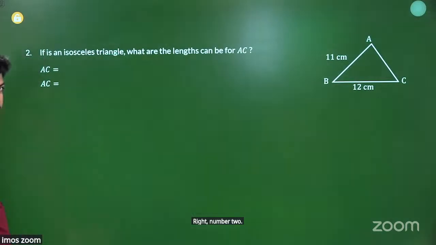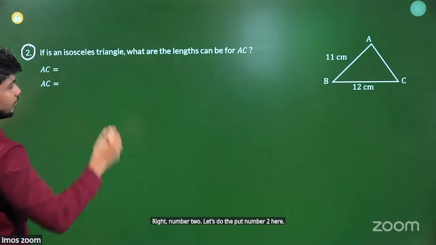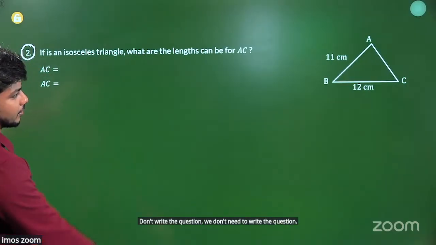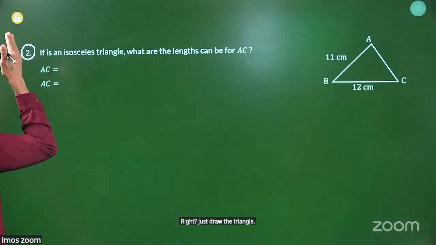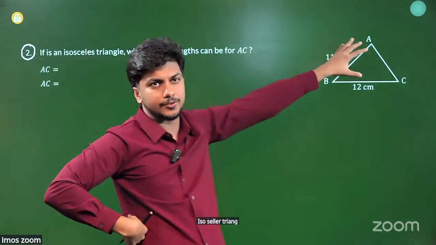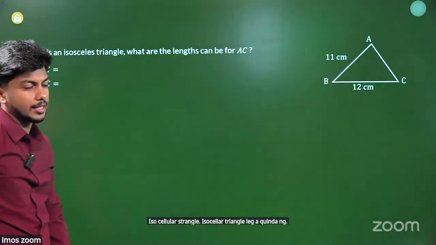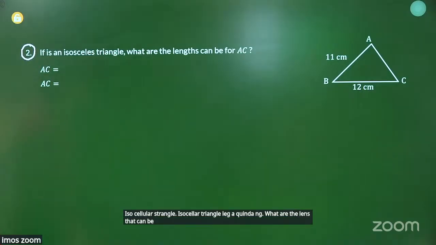Put number 2 here. Don't write the question, we don't need to write the question. Just draw the triangle. In order to become an isosceles triangle, what are the lengths that can be for AC?